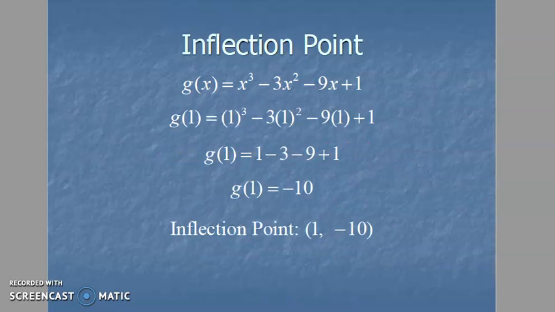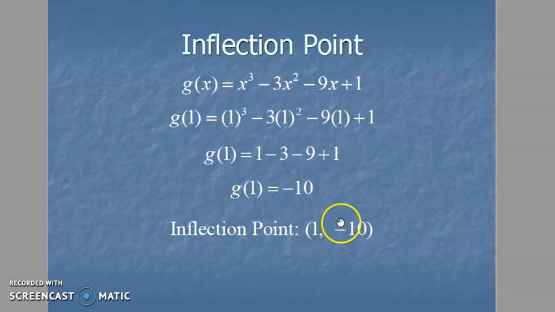So therefore the point of inflection is at x equal to 1. At x equal to 1, the value of g will be minus 10. So you are asked to find the coordinates of the inflection point. So the x coordinate is 1 and the y coordinate is minus 10.